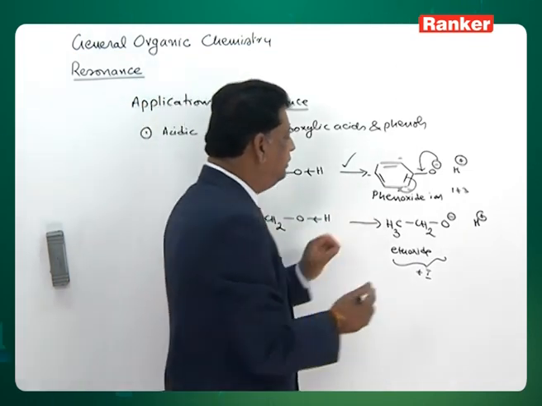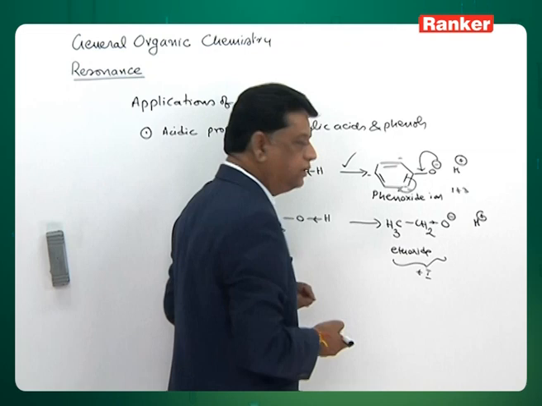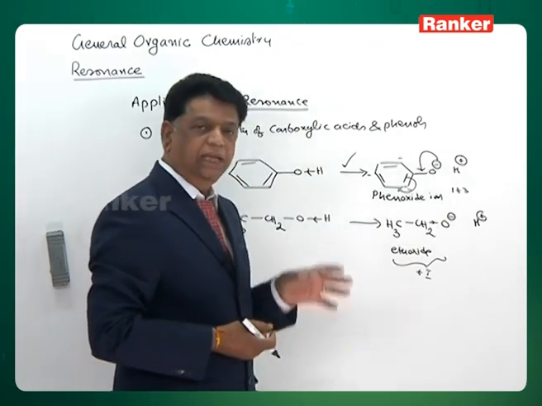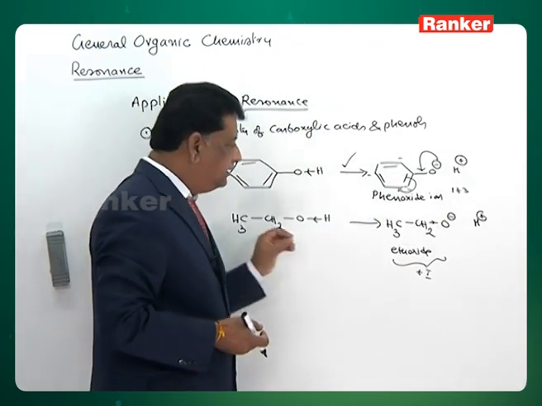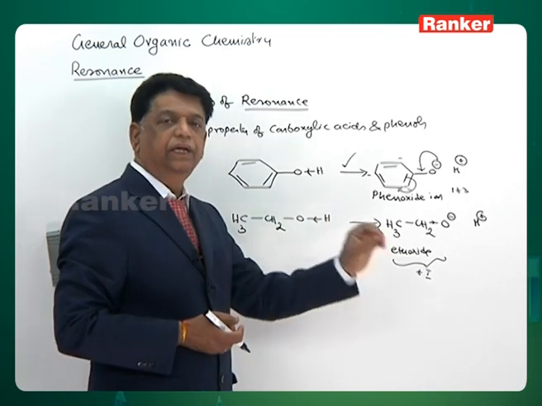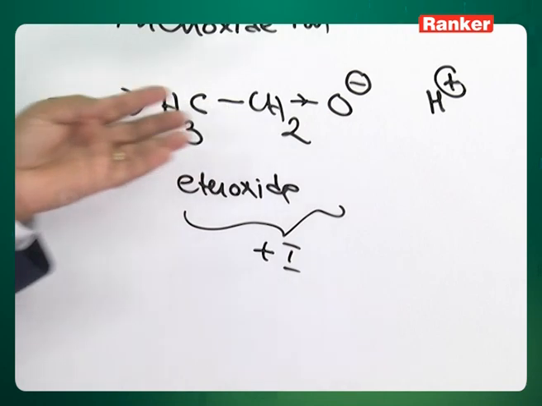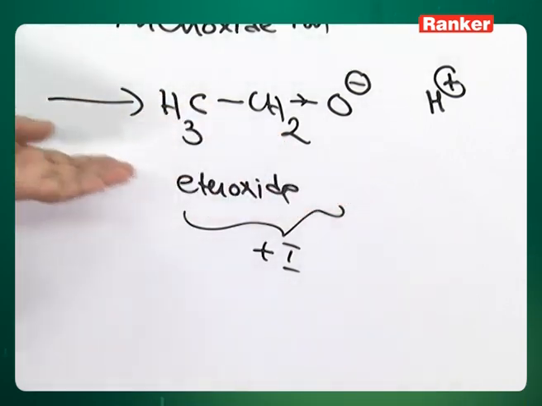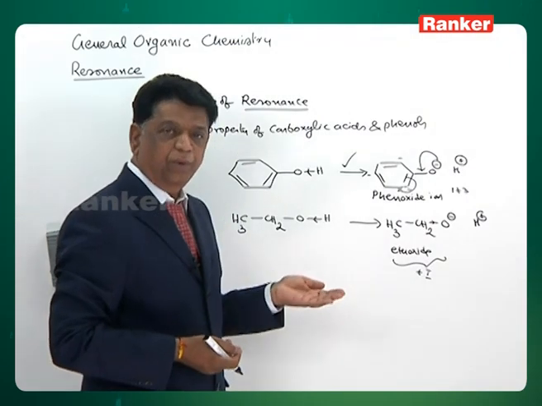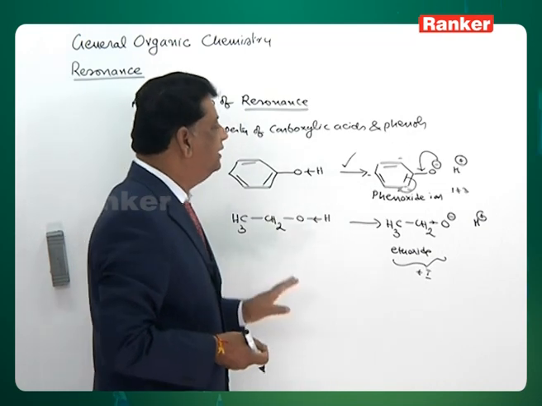If it shows a plus I effect when attached to the oxygen, which already has excess electrons, and this ethyl group starts donating electrons through the sigma bond, the problem of the minus charge is increased. So it gets destabilized.